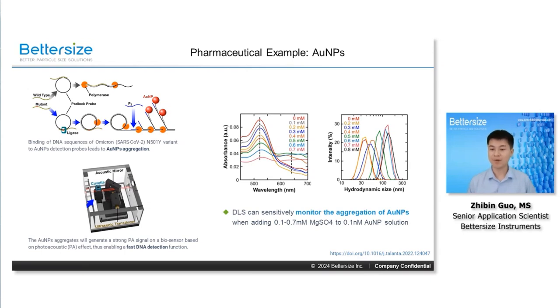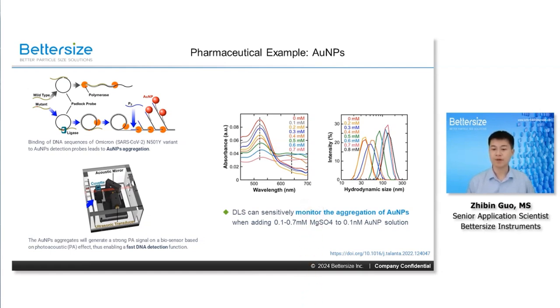To explore the aggregation behavior of gold nanoparticles, researchers in this study incrementally added different concentrations of magnesium sulfate to a 0.1 nanomolar gold nanoparticle solution. This addition triggered the aggregation of gold nanoparticles, which was then monitored through the changes in the UV visible absorption spectrum.